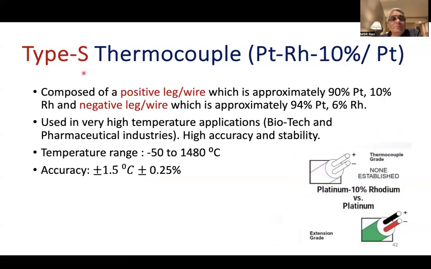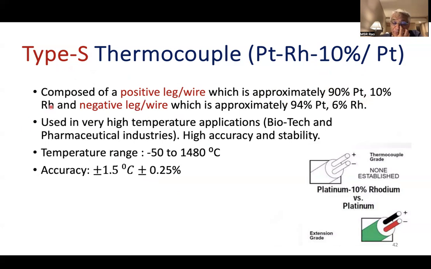The type S thermocouple is again a very commonly used thermocouple. This is platinum rhodium and platinum. So the positive leg is approximately made up of 90% platinum and 10% rhodium.